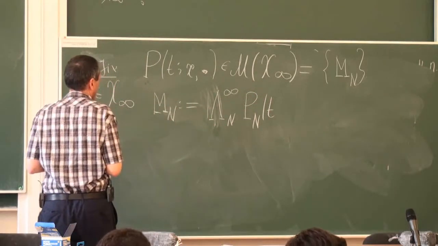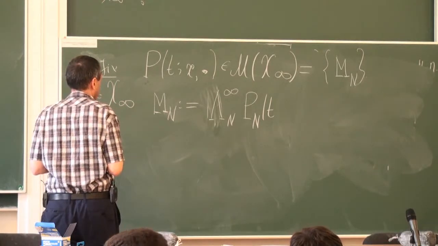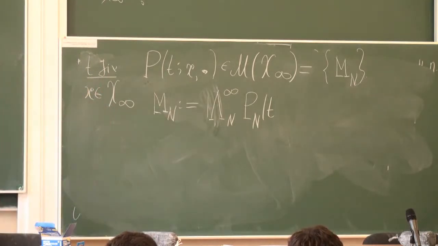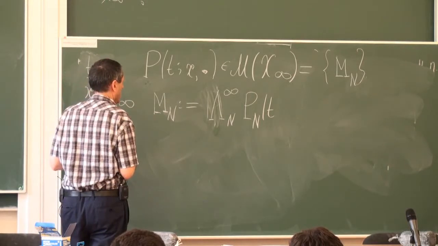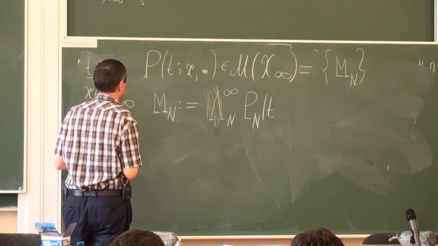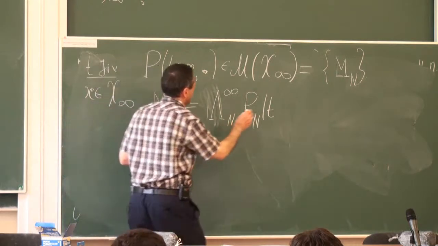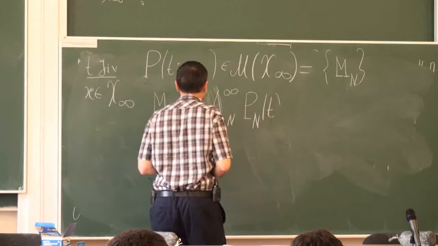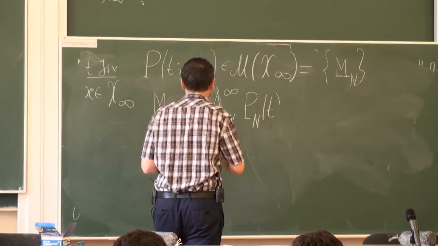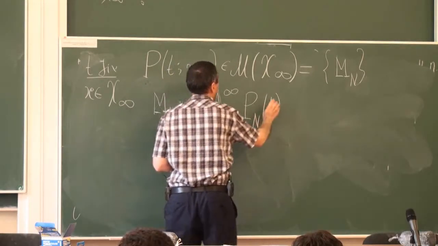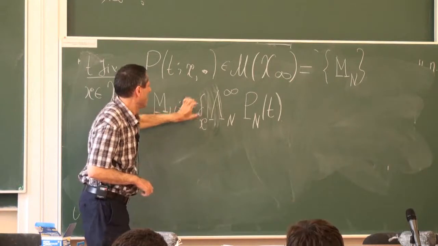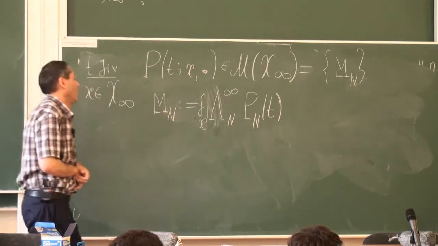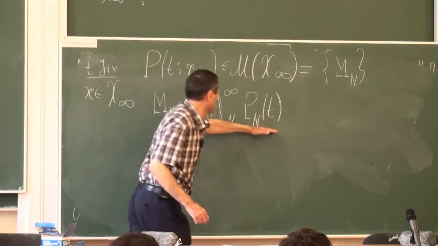We take the delta function and apply to it the link, and we get a measure on the level n, and apply to it this operator.